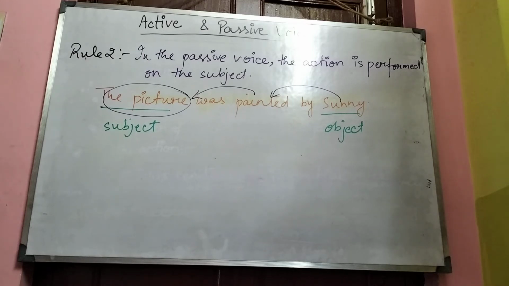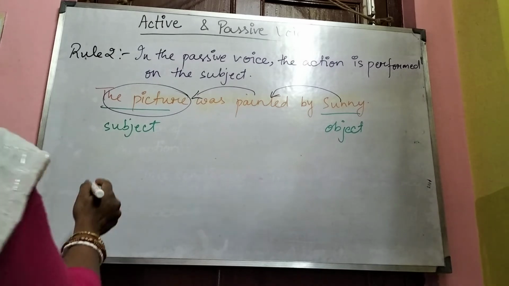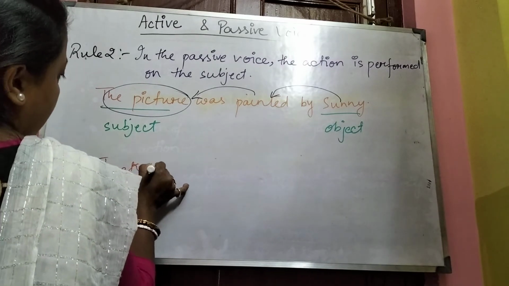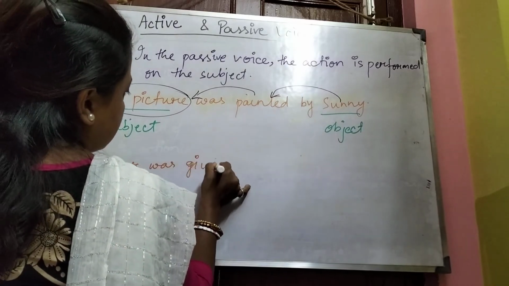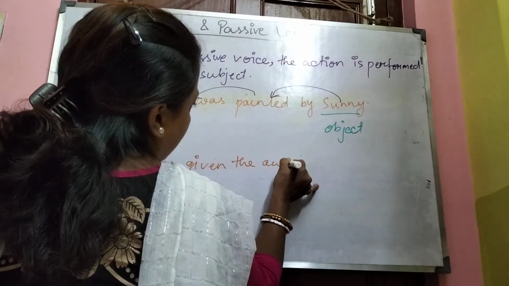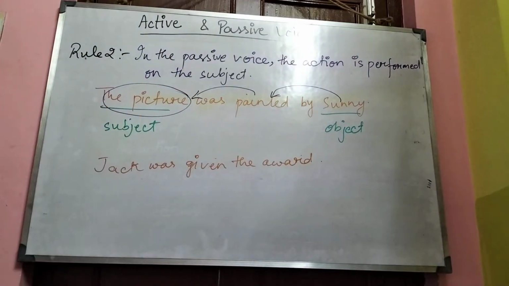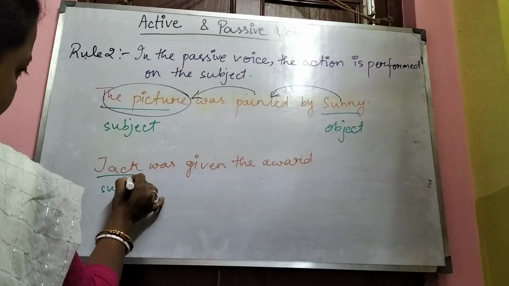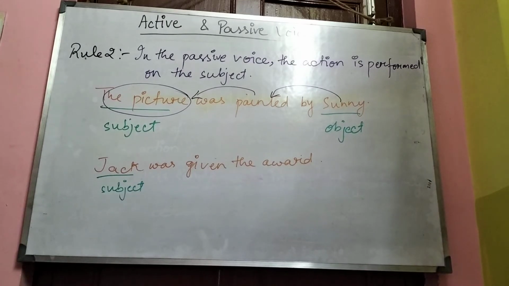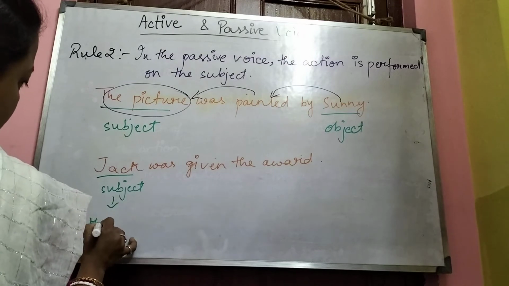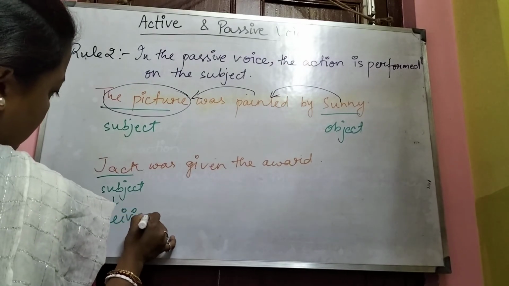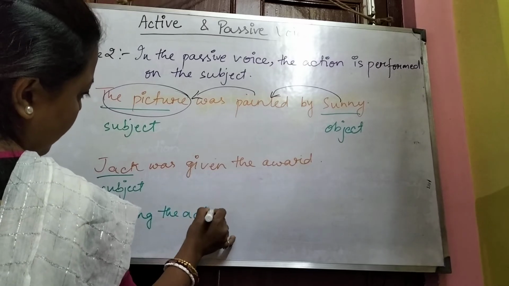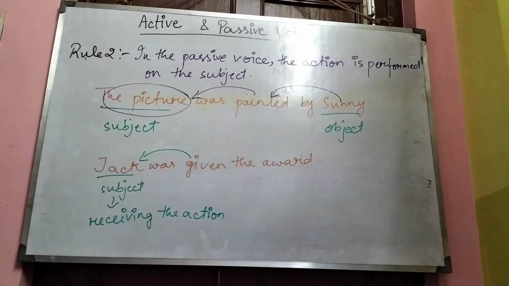For example, if I write one example, Jack was given the award. Now here, which is the subject? Jack is the subject, and it is receiving the action of given.